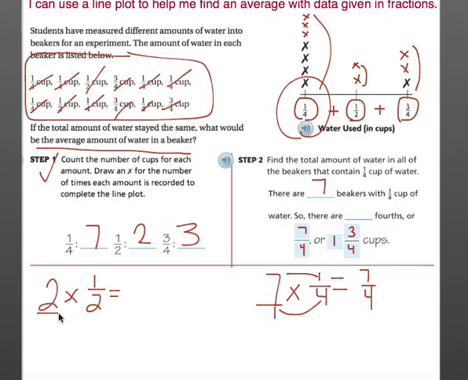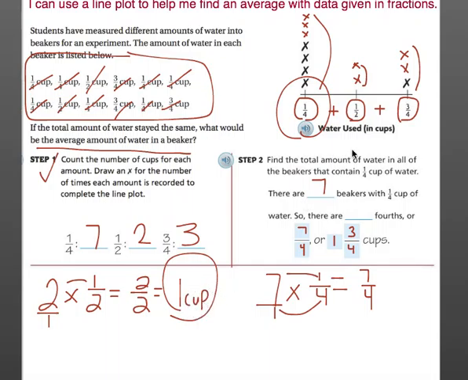So I put my 2 over 1, multiply my top numbers, 2 times 1 is 2, and 1 times 2 is 2. Well, I know that when a fraction has the same number on the top and on the bottom, that equals 1 whole. So there is 1 whole cup in my 1/2.